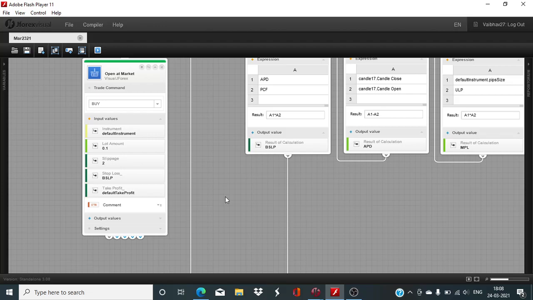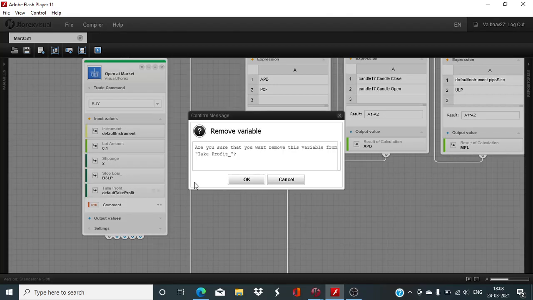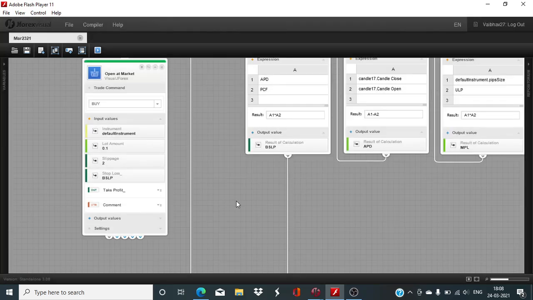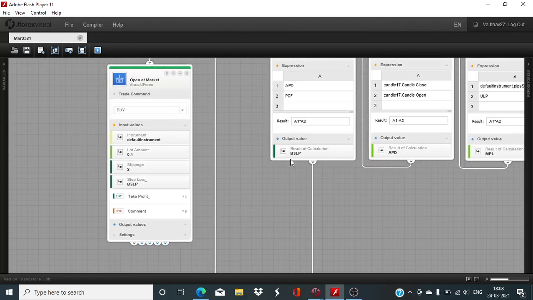And then we also need to define the take profit, but for that we will not do the calculation now, and it's simply going to be twice of this stop loss, and with that we will have the risk reward ratio of 2.